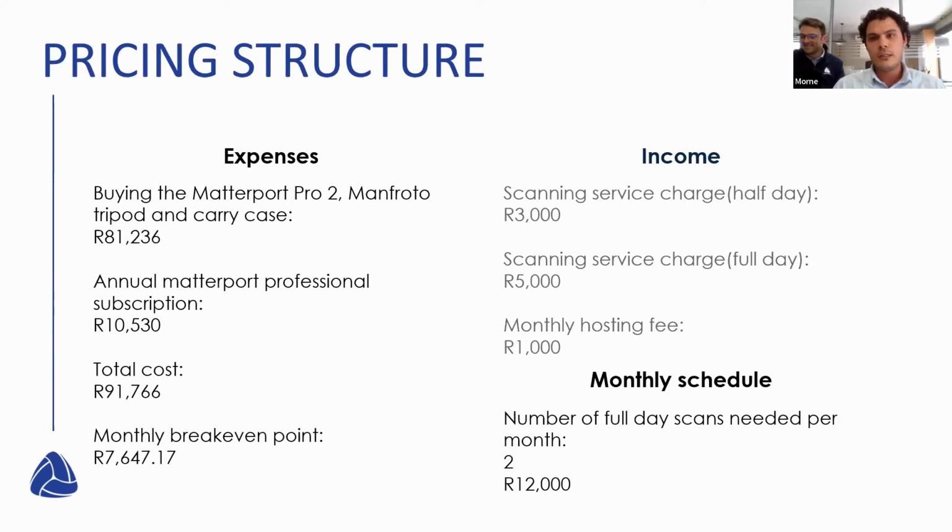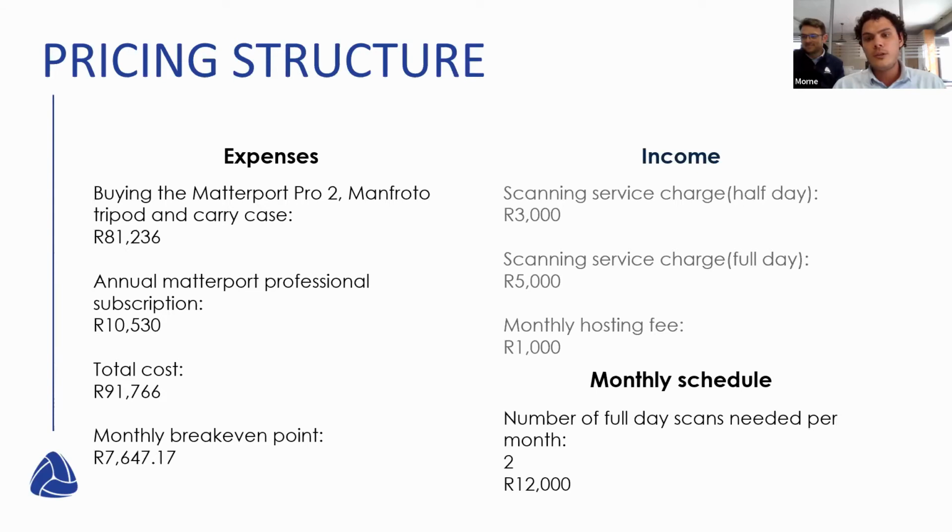So 2 full days scanning will net us 12,000 Rand that month, and we would pass our break even point. That means if we only do 2 scans a month, we can actually pay off our camera and our hosting fees within 6 months. So there is definitely a way to fast track it.